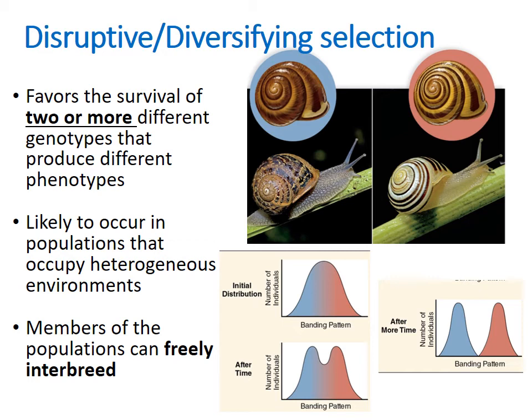If they are the same species and can still interbreed with one another, but we're selecting for either the rougher shell or the smoother shell, that would be disruptive or diversifying selection. They're selecting for two extremes there. But it's important to be sure that the members are the same species in this case.